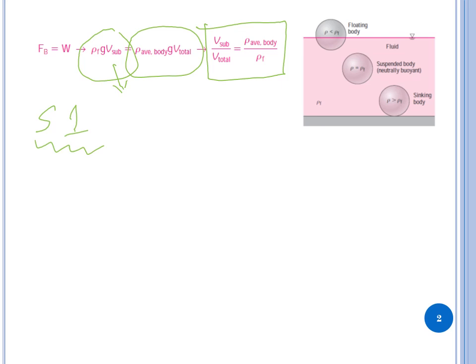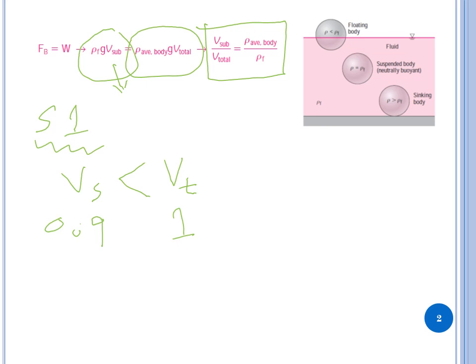Now in scenario 1, let's suppose the submerged volume is lower than the total volume. It means that it is partially submerged in the fluid. In that case, I just give it numbers: submerged volume is 0.9 and the total volume is 1.